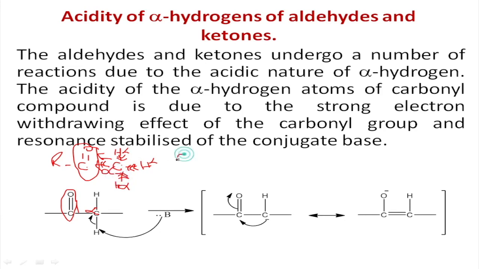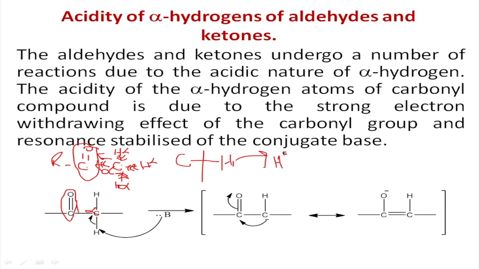So this carbon hydrogen bond becomes polarized, and it becomes weak, so it becomes easy to break. Since the carbon hydrogen bond is easily breakable, the hydrogen can go out as H plus.